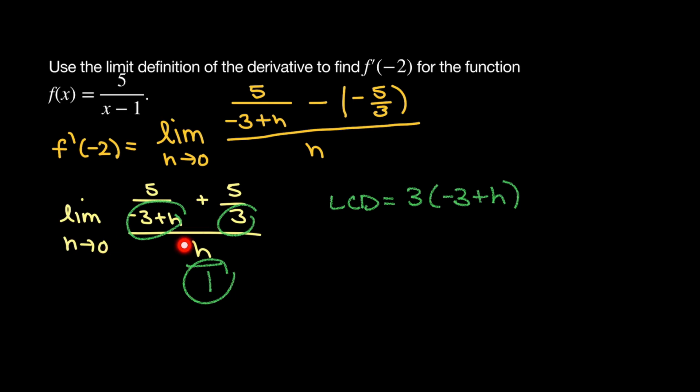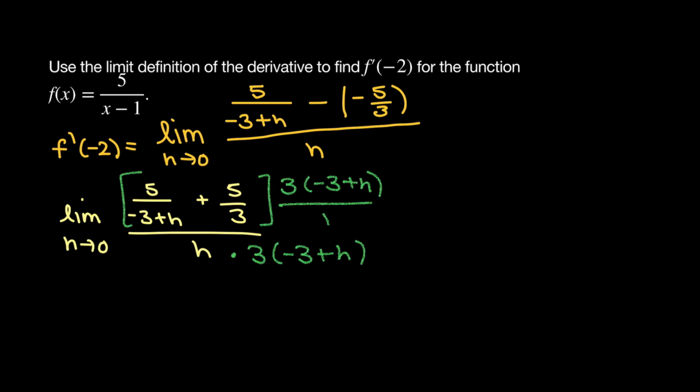If I were to plug in h equals 0 right now, I would get 0 over 0, my indeterminate form. So to simplify this expression, I'm going to multiply everything by the least common denominator. I have a denominator of negative 3 plus h, another one of 3, and then the bottom is technically h over 1, so denominator of 1. That means my LCD is going to be 3 times negative 3 plus h.